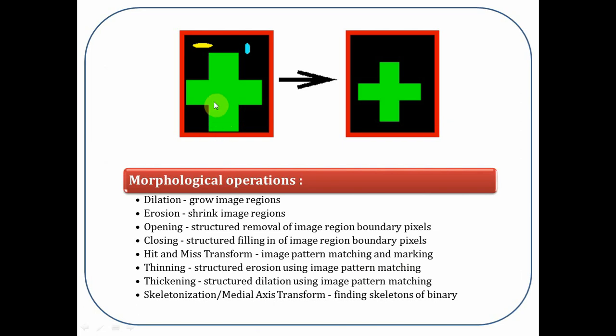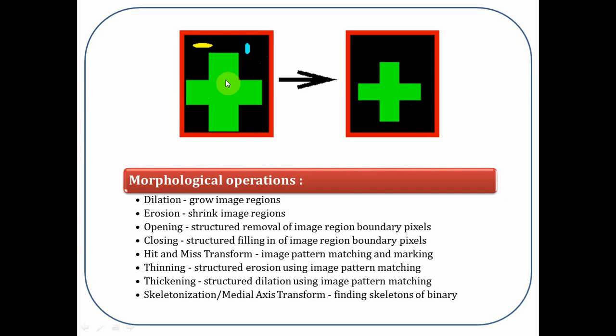So if you consider this input image, and this is nothing but the output of the input image after applying some morphological operator. If these are the unwanted noise, we can remove the noise using morphological operators.